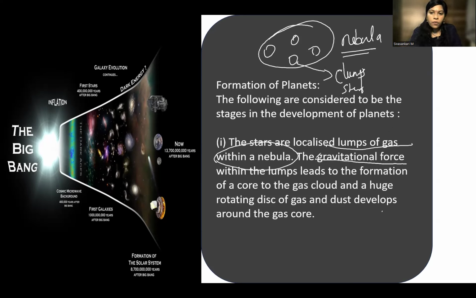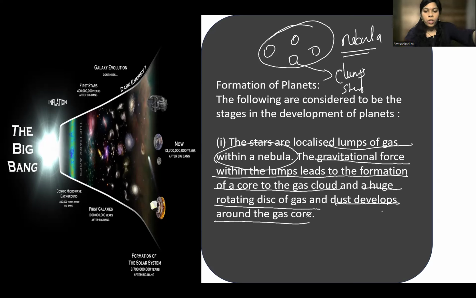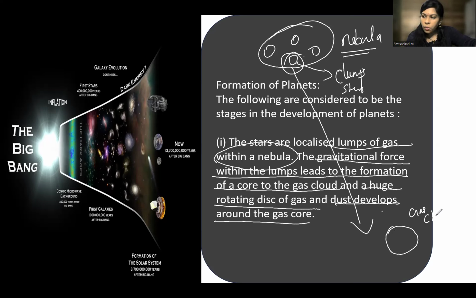Now, the gravitational force within the lumps leads to the formation of a core in the gas cloud, and a huge rotating disk of gas and dust develops around the gas core. So now you take one round from the nebula. This one round is a star. First it is also gas only, a gas cloud. Now what happened?